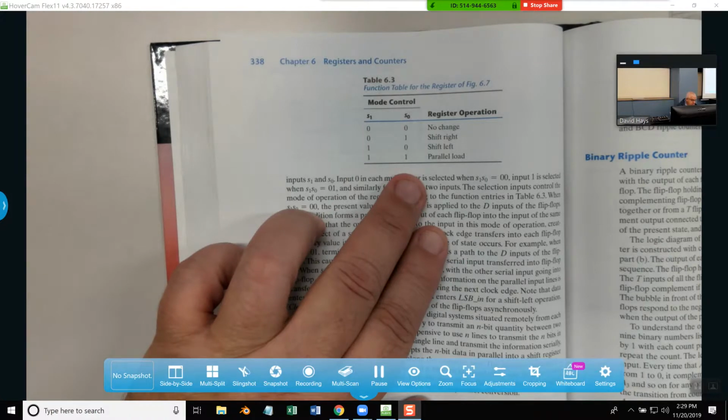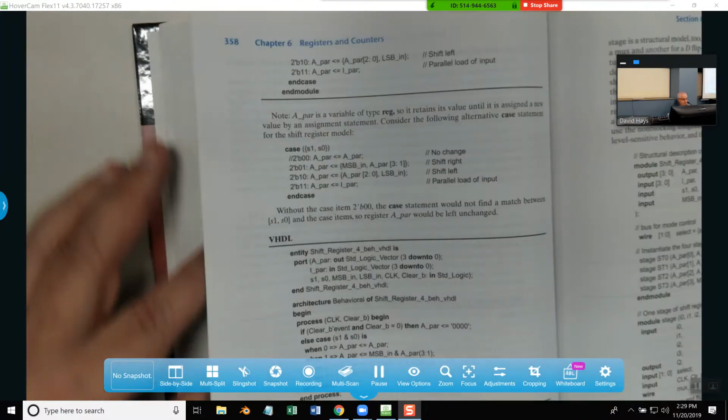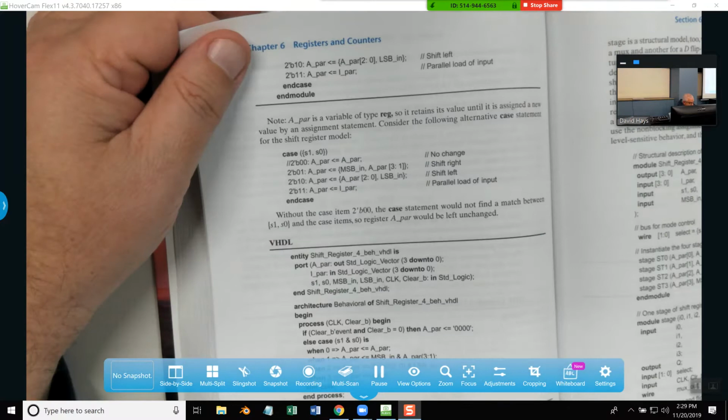Okay, we're just going to look at the Verilog. No, we won't look at all these. This is another universal shift register on page 359, so I'll skip over that. HDL, synchronous counter.